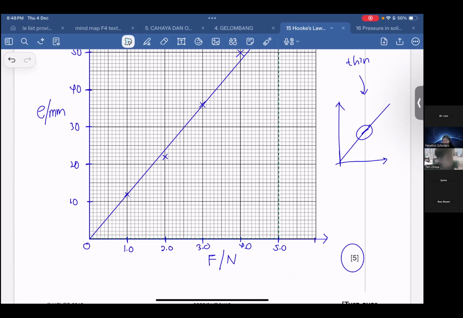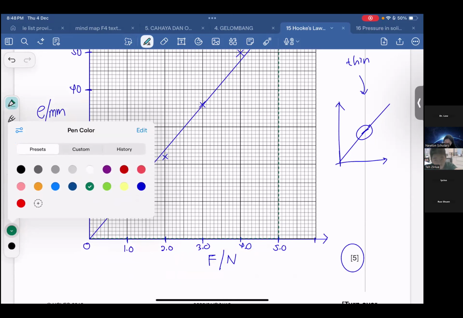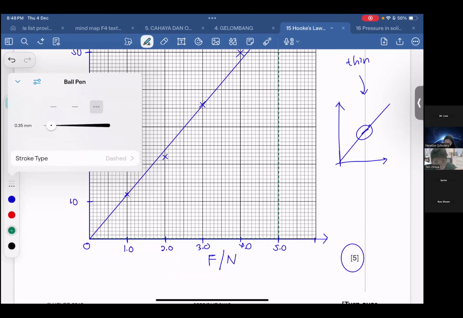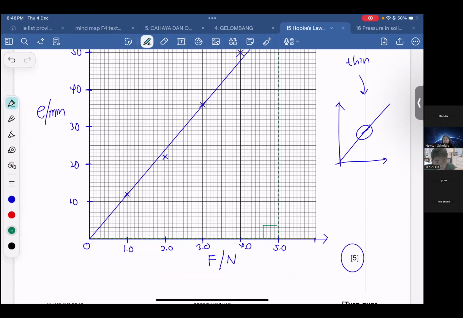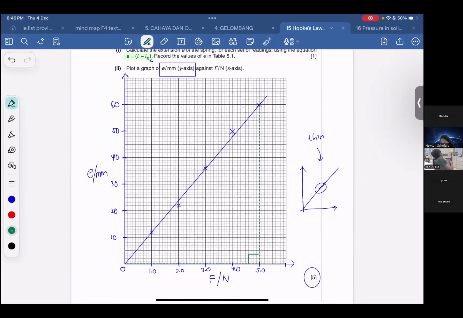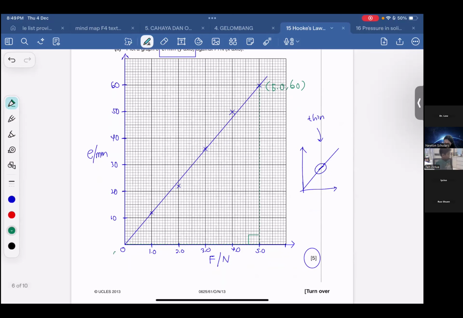Okay. Then after that, in order to make sure the examiner can see clearly, I will do like this. Draw a right angle to tell the examiner my triangle is here. Then I will label the point. So this is 5.0, then 60. Here is 0, 0.